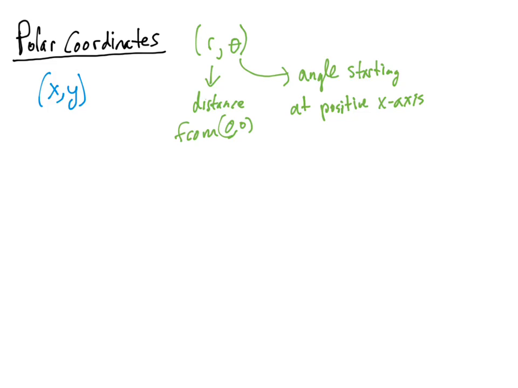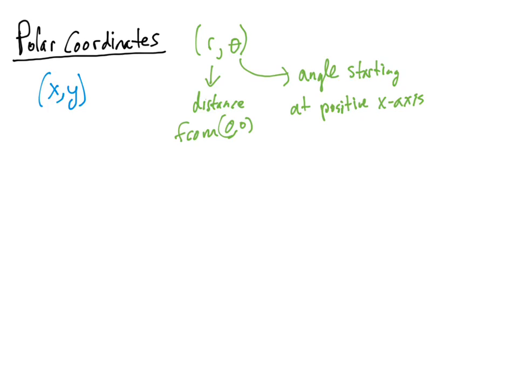Alright, so what we're going to be doing in this video is we'll be graphing some points that are written in polar coordinates, and then we will talk about how to convert between x and y coordinates and polar coordinates. A couple other points about the r value and the theta value.